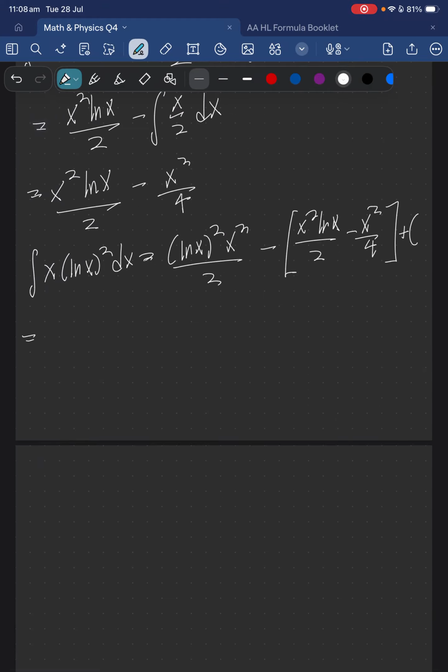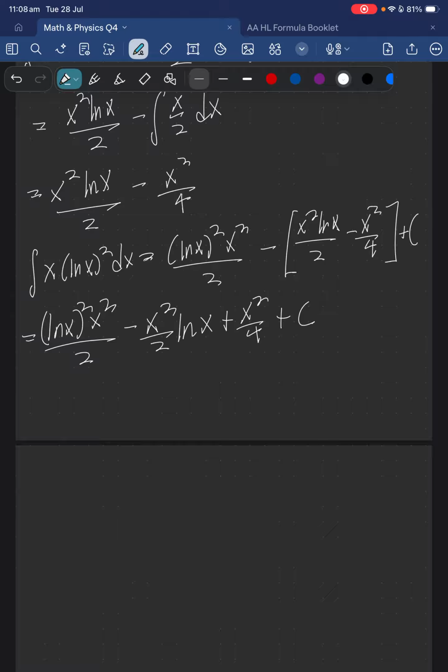So just simplifying everything, we get ln x whole squared times x squared over 2 minus x squared over 2 ln x plus x squared over 4 plus c.